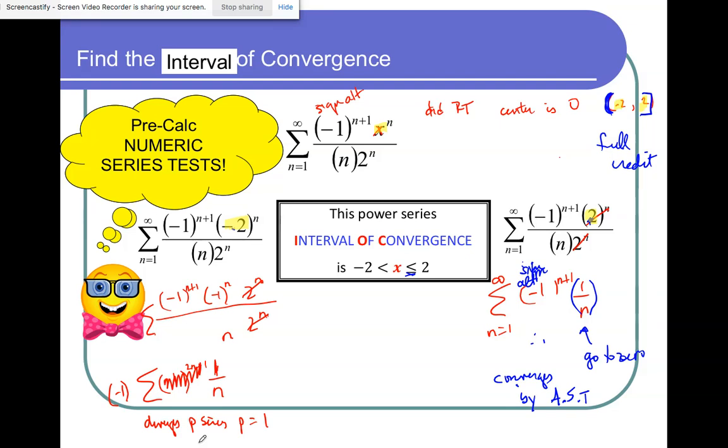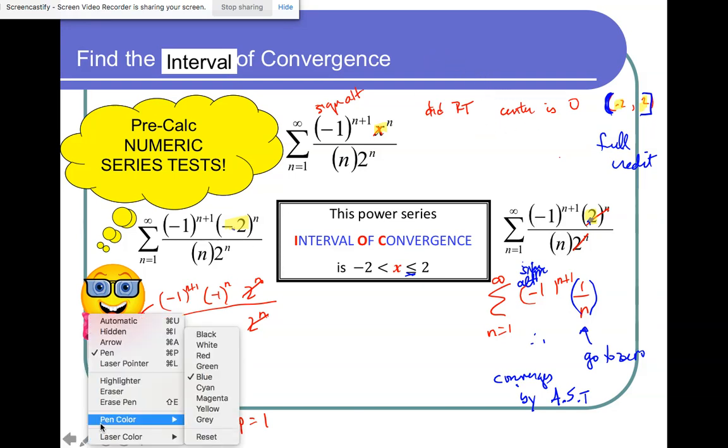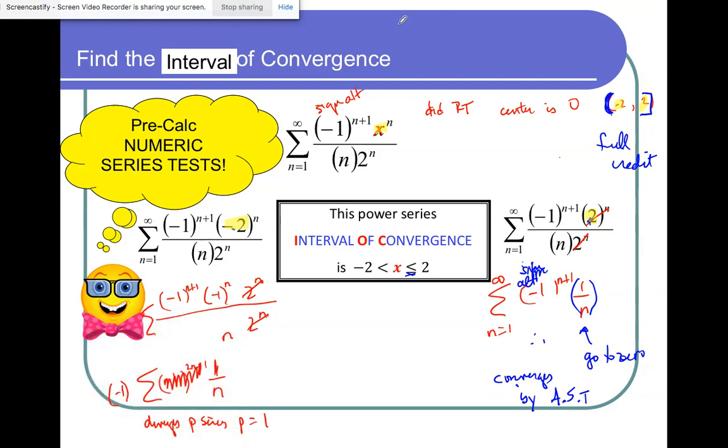And now you just have to do the interval of convergence. So for this handout, you take the last handout and you ignore any radius of convergence that is equal to 0.